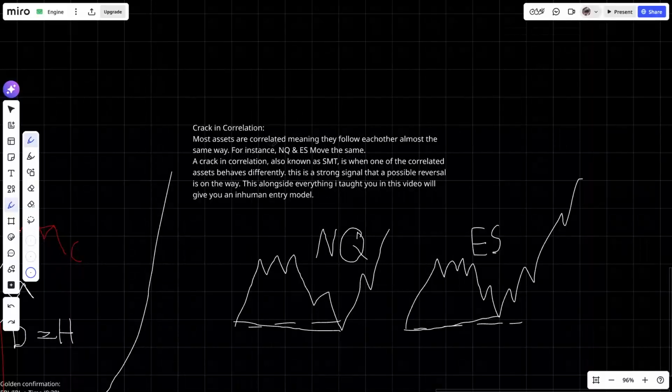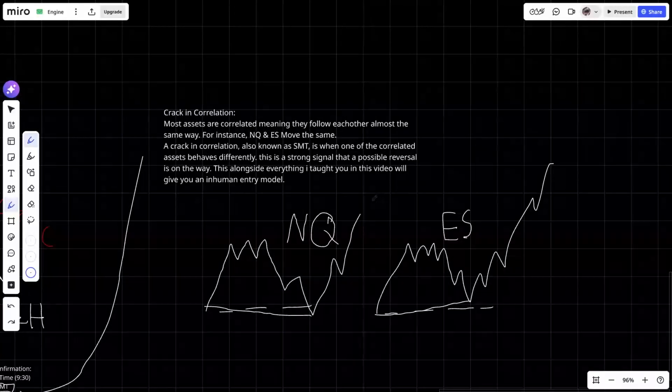Every single asset on the planet is correlated to another one. Most assets are correlated, meaning they follow each other almost the same way. For instance, NASDAQ and the S&P 500. A cracking correlation, also known as SMT, is when one of the correlated assets behaves differently. This is a strong signal that a possible reversal is on its way.